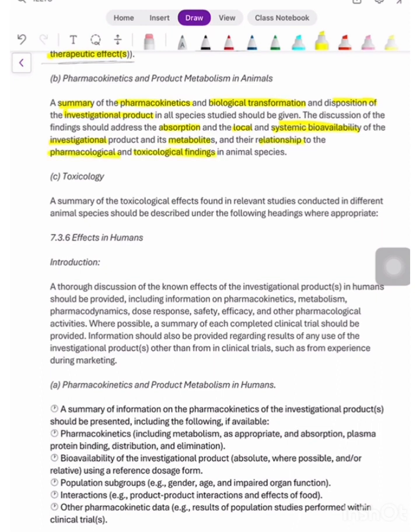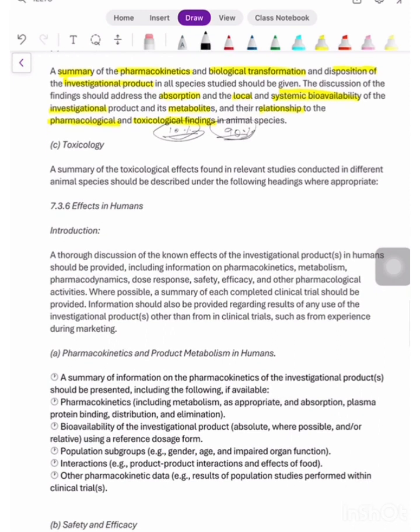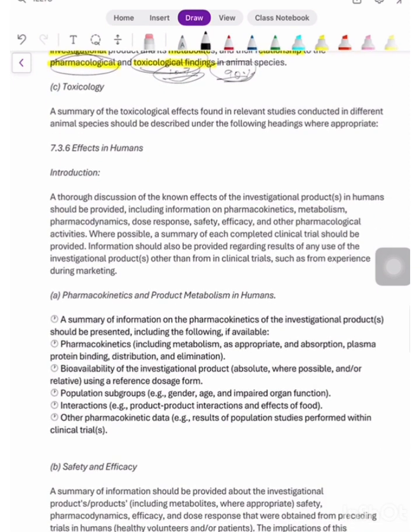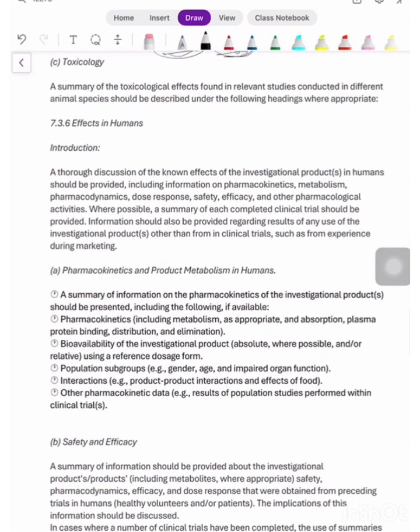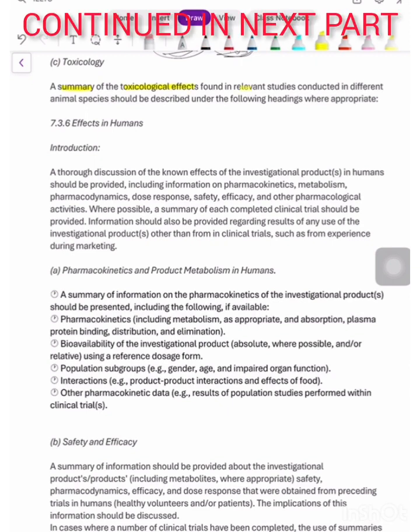If you're saying that the bioavailability of the drug is 10%, or it is a 90% protein bounded drug, all this should then again be related to the toxicological findings and pharmacological findings in the animal species. Then toxicology. What are the side effects, or a summary of toxicological effects found in relevant studies conducted in different animal species should be described under the following headings wherever appropriate.